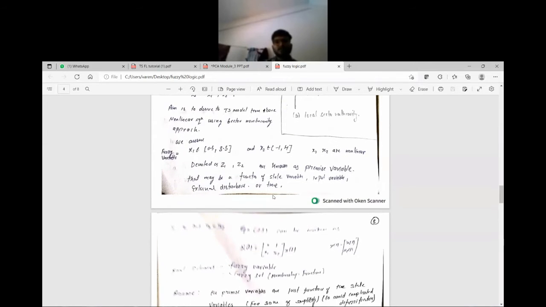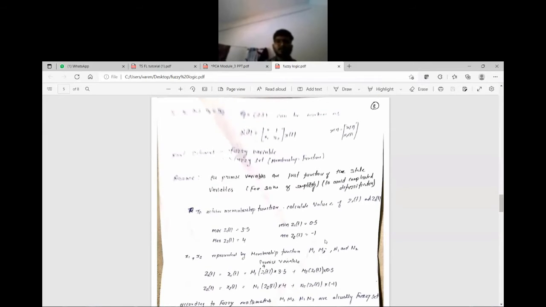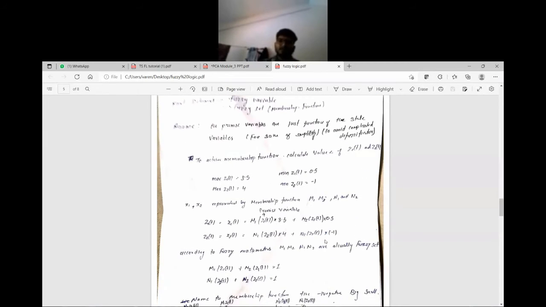We can write z1(t) in linearized form as m1 times the premise variable into the weighted average, and similarly we can write the z2(t) equation, considering n1 z2(t) and n2 z2(t).